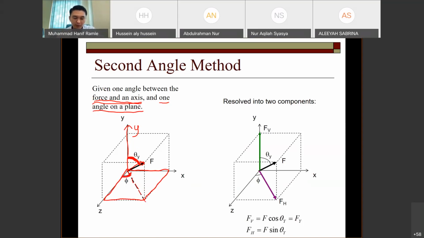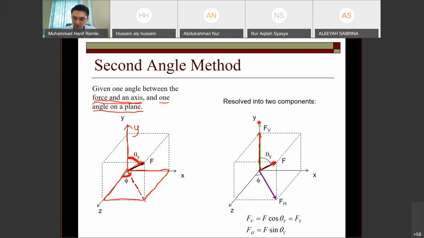So if you find this type of system, you have to use the second angle method to solve the problem. Once you have this system, you have to resolve the force F into several components. The first component is of course on the y axis.